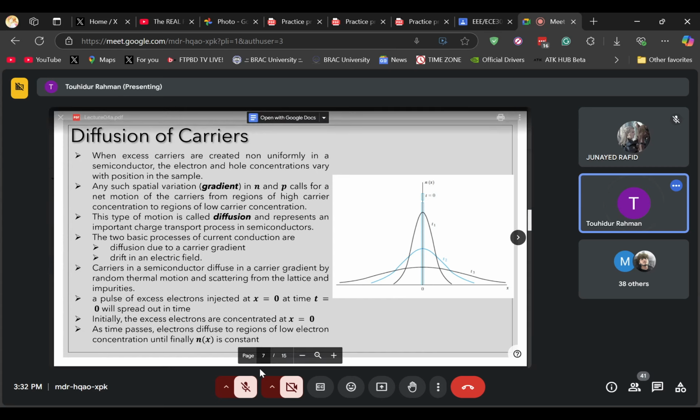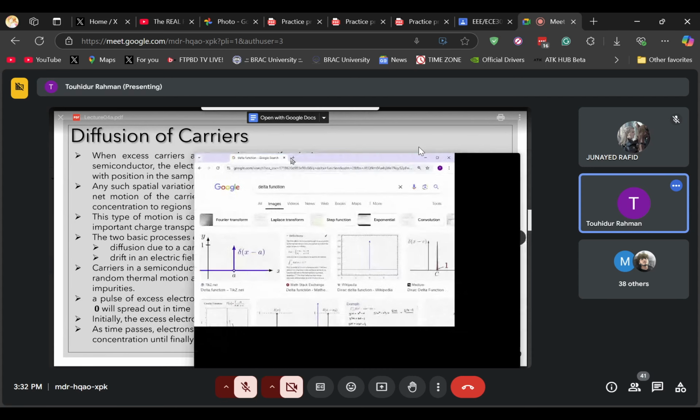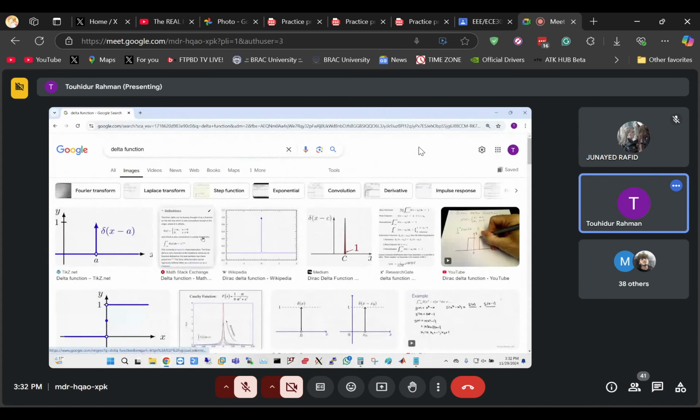Okay, so let me try to show you what I mean by short pulse. So this kind of function is called a short pulse.